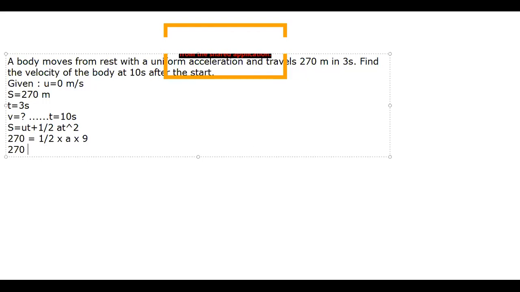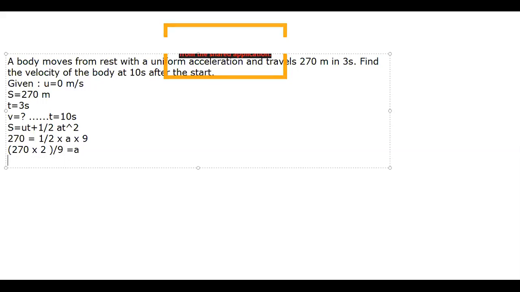The 2 which is in division will go to multiplication, and the 9 which is in multiplication will go to division. So we get 270 into 2 divided by 9 is equal to a. Find out 270 into 2 divided by 9. a is 60. Yes.